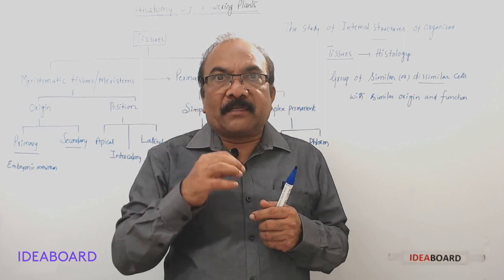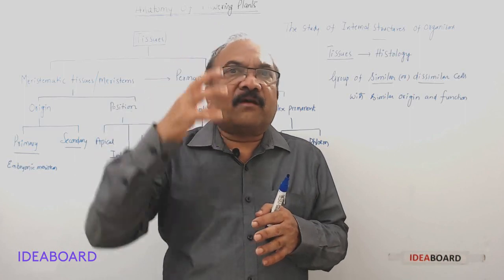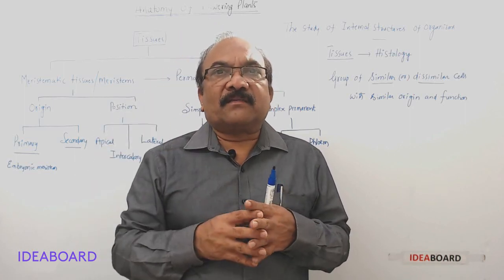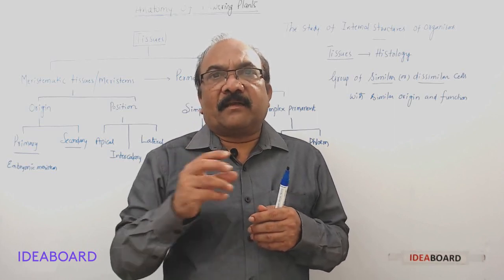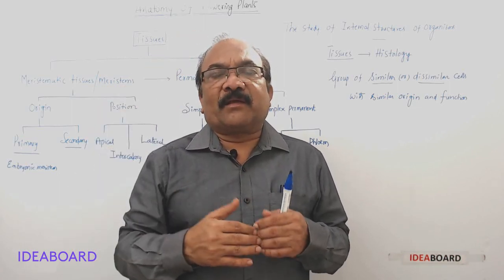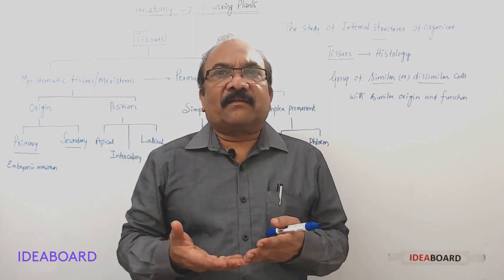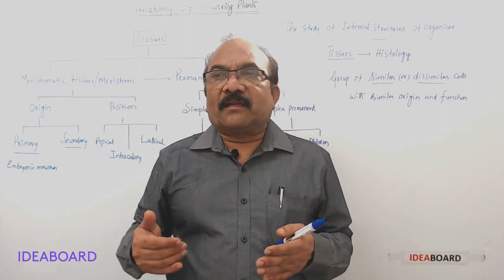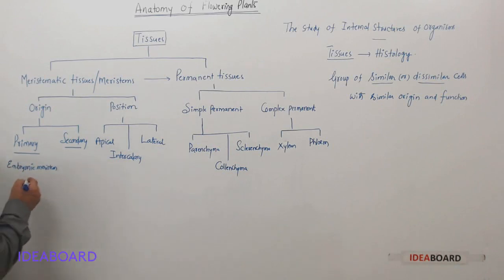So the meristem which has migrated to the tips of the root and stem is called root apical meristem and shoot apical meristem, RAM and SAM. RAM is root apical meristem, and SAM is shoot apical meristem. They are actually derived from the embryo only, so they are primary meristems. So the embryonic meristem present in the embryo becomes, when the plant is growing, apical meristems.